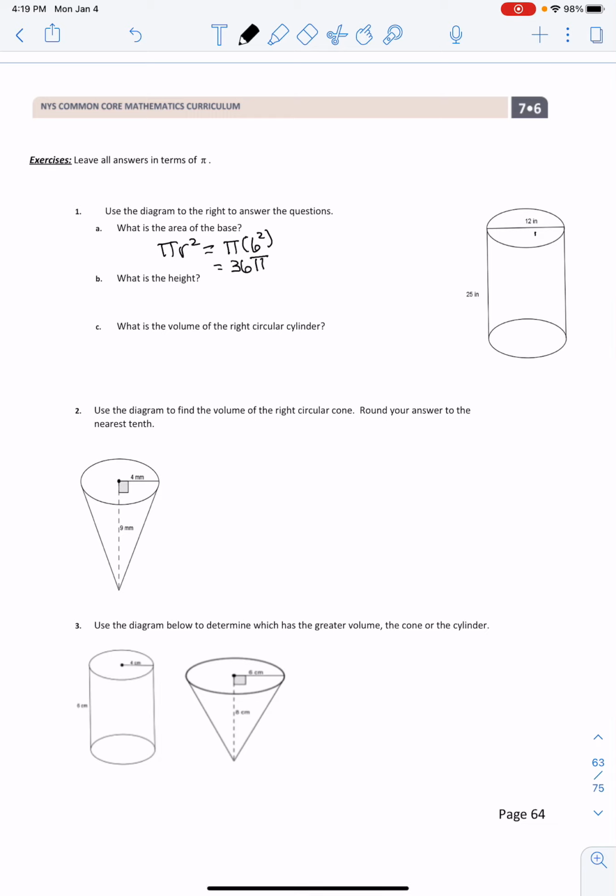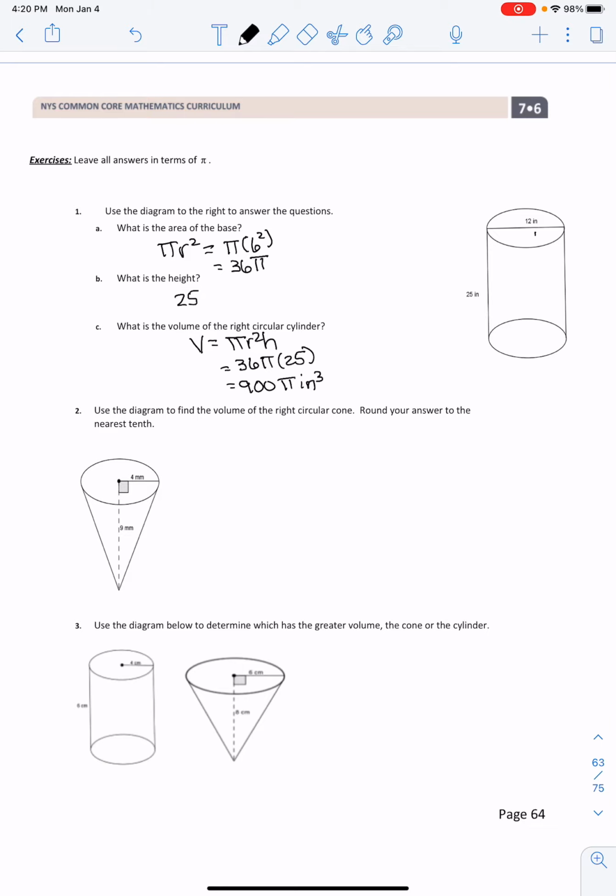The height here is 25. So to find the volume of the cylinder, volume is pi r squared h. Here it would be 36 pi times 25. So our answer here would be 900 pi, and our label is inches cubed.